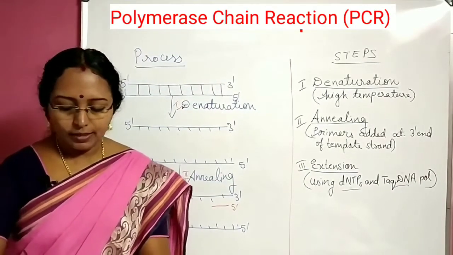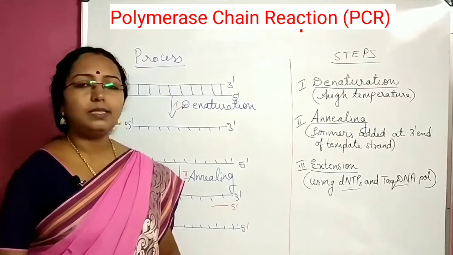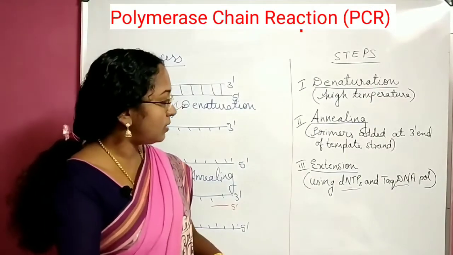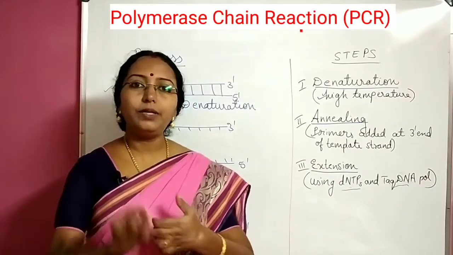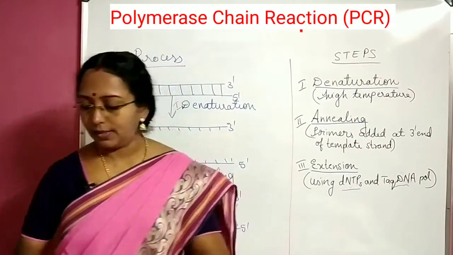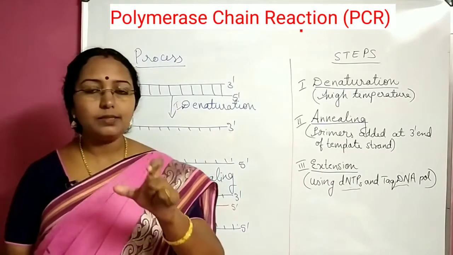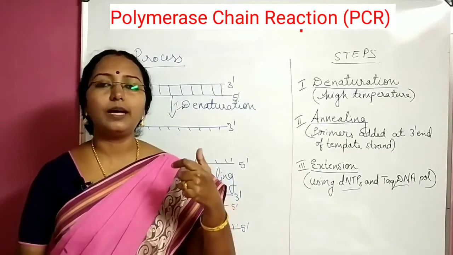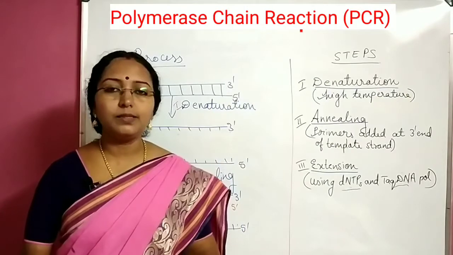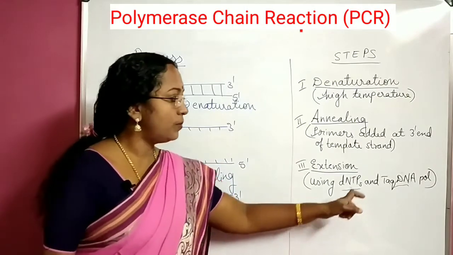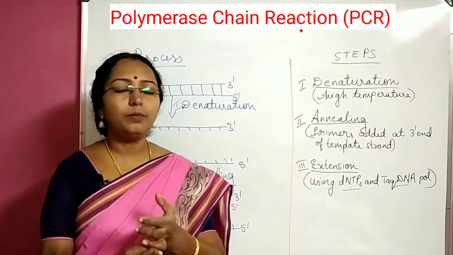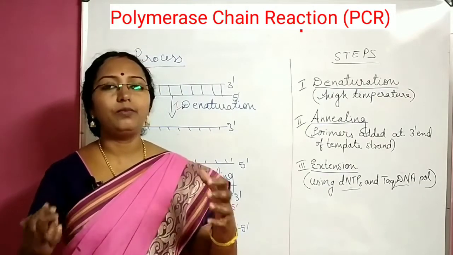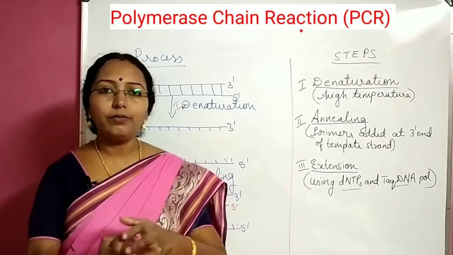Before understanding extension, you should know what dNTPs are and why we are using Taq DNA polymerase. For that, please watch the previous video I put up regarding the requirements in PCR, where you will learn an important feature of Taq DNA polymerase: it is a polymerase which can withstand very high temperature. Why are we using it?